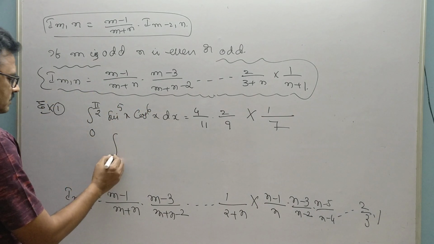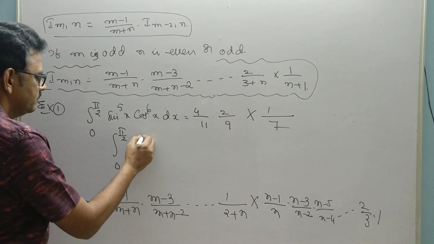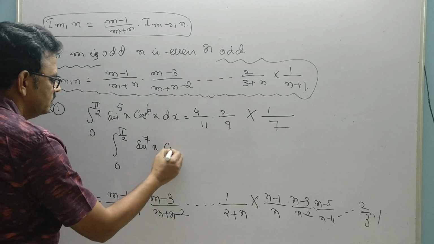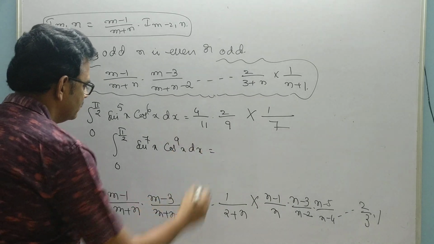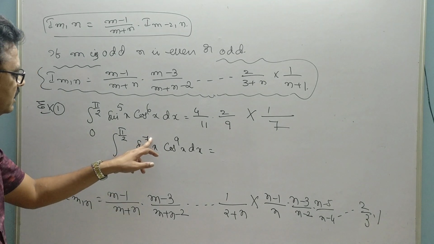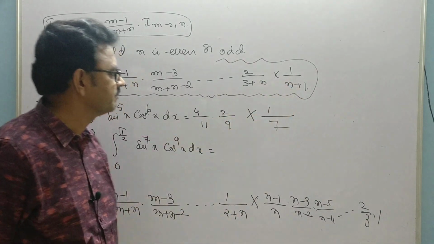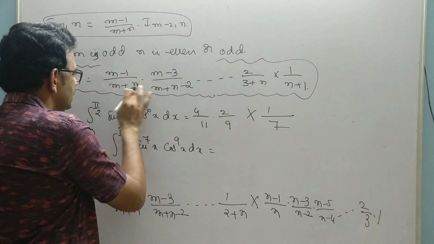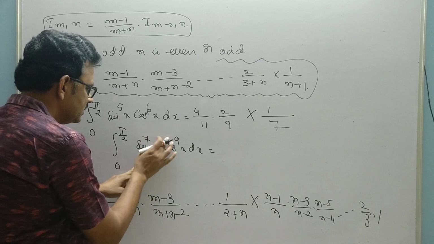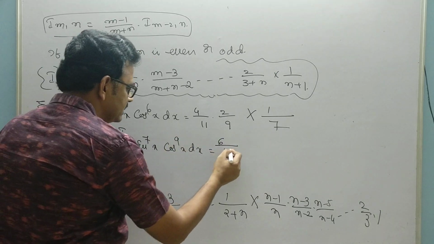For example, the integral 0 to pi by 2 of sin power 7x into cos power 9x dx is equal to. So m is an odd number, n may be even or odd, doesn't matter. You write 1 by n plus 1. M minus 1 means 7 minus 1, 6 by, adding these two, 16.